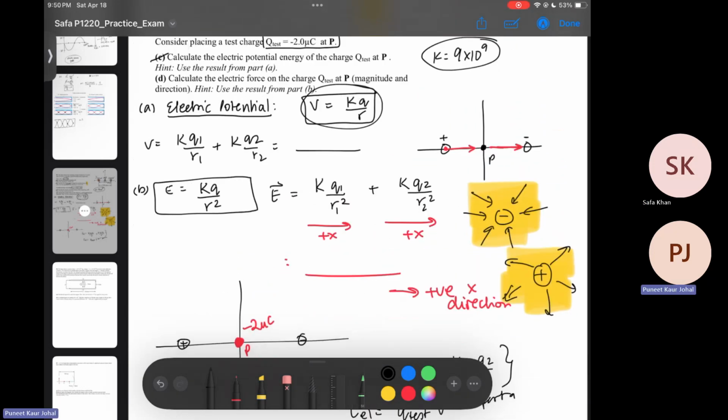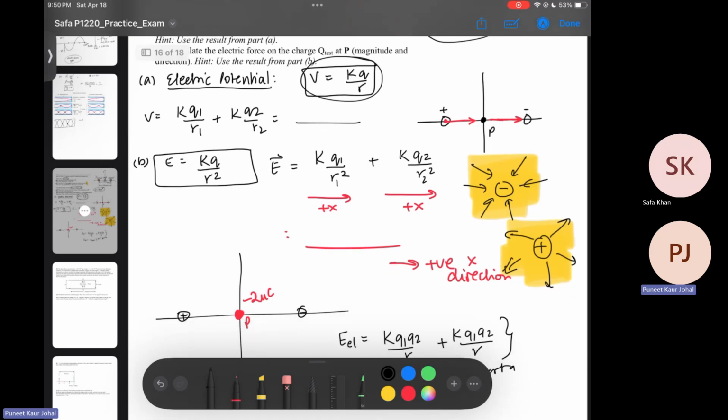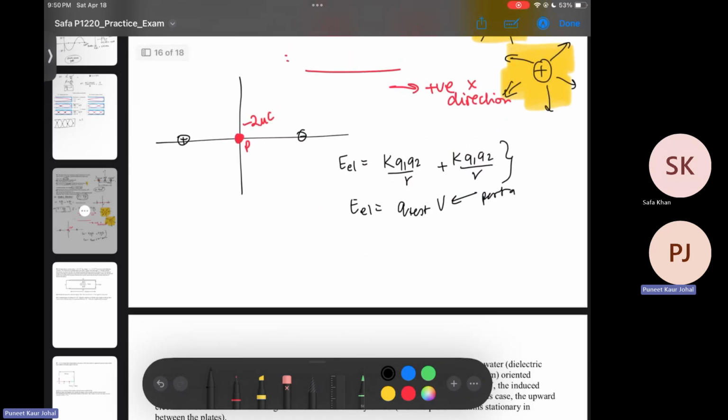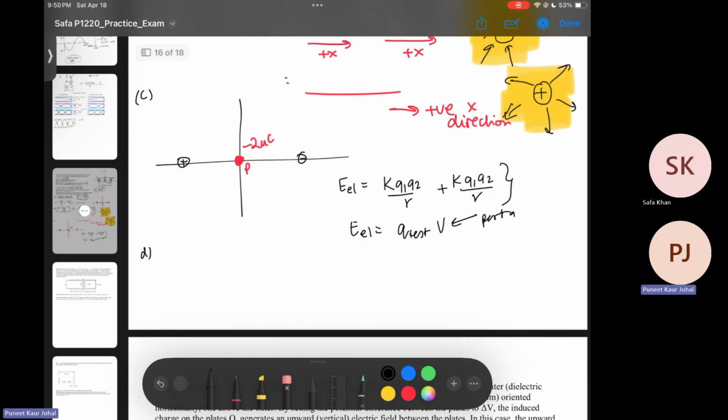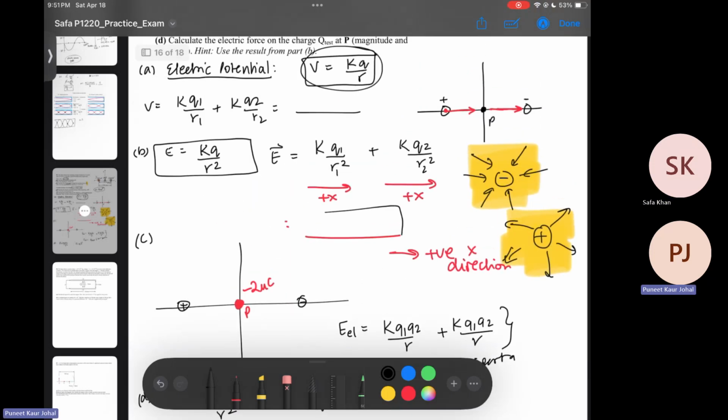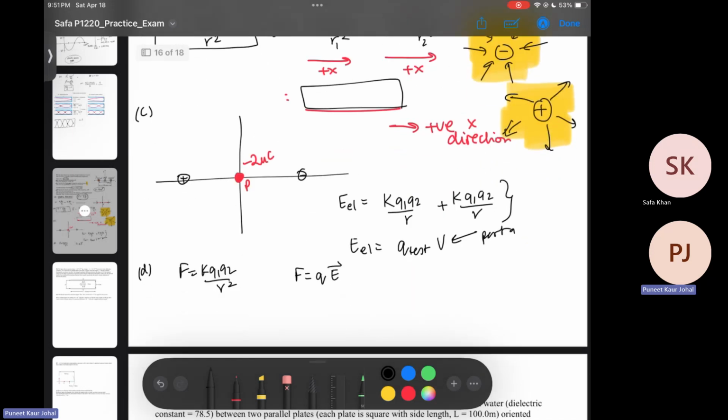The next one is electric force. Again, electric force has two formulas. Sorry, this is C and so D. Force is just K Q1 Q2 over R squared. You could do that because you do have the values. Or we just realized that force was Q times the electric field, right? We just calculated electric field over here, so why don't we just use that and make our calculation easy?